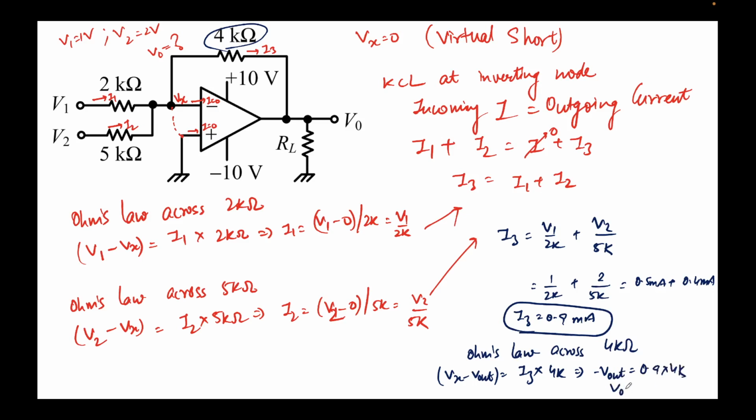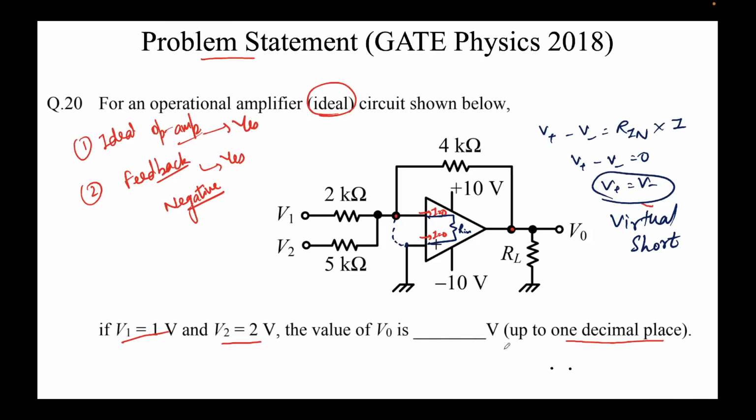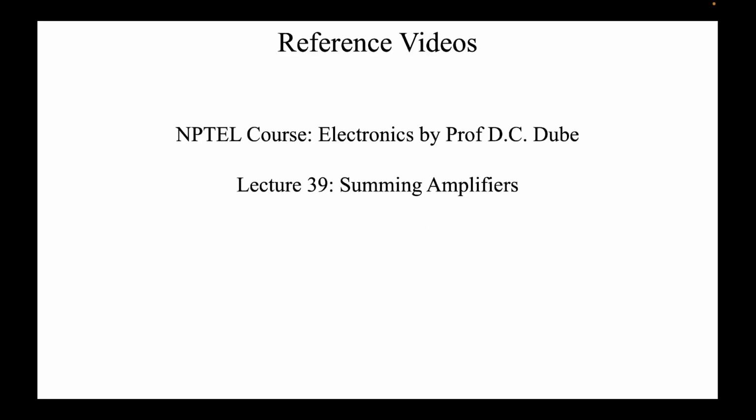So the value of Vout comes out to be minus 3.6 volts. We need to find the value till 1 decimal place, and we have found the value till 1 decimal place. The value is minus 3.6. Thank you for listening.